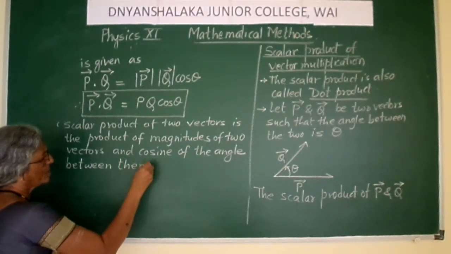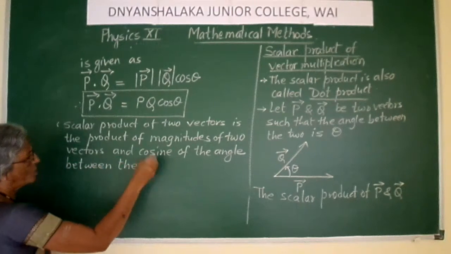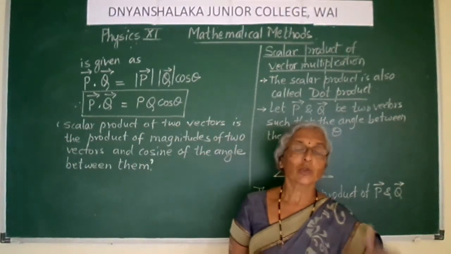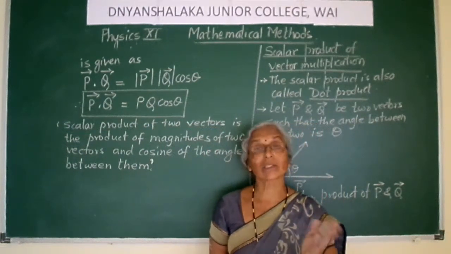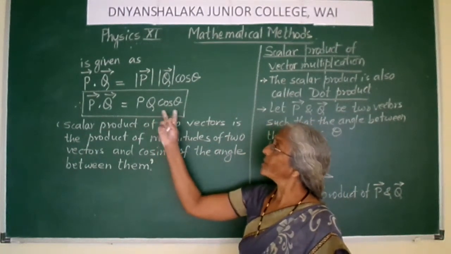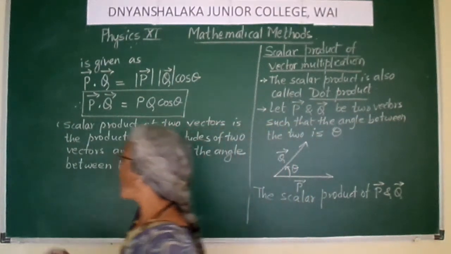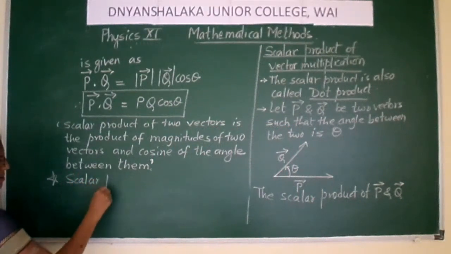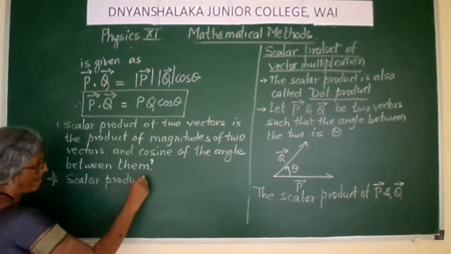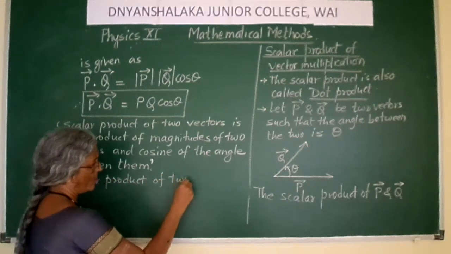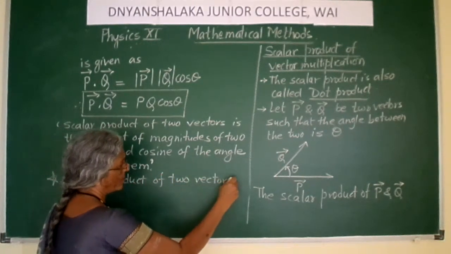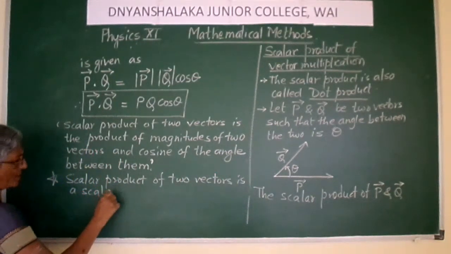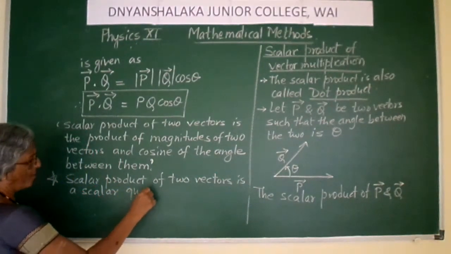This is the definition of scalar product of two vectors. So scalar product of two vectors is a scalar quantity. Isn't it a scalar quantity? What I have to remember again, scalar product of two vectors is a scalar quantity.